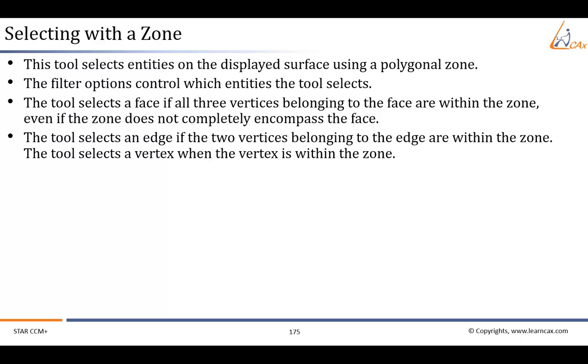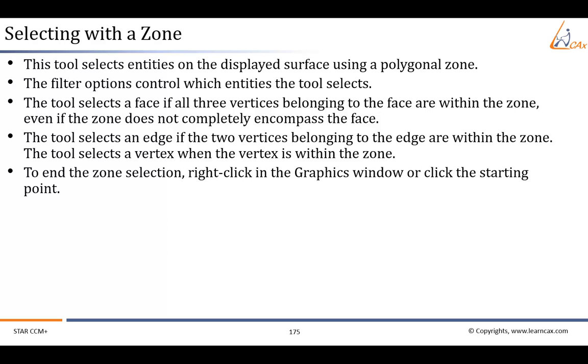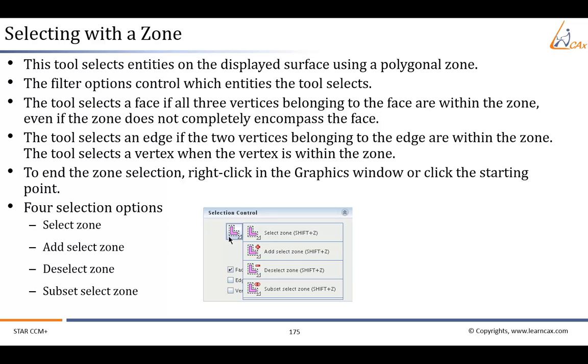The tool selects an edge if the 2 vertices belonging to the edge are within the zone. The tool selects a vertex when the vertex is within the zone. To end the zone selection, right-click in the graphics window or click the starting point. 4 selection options are available for the zone selection tool.